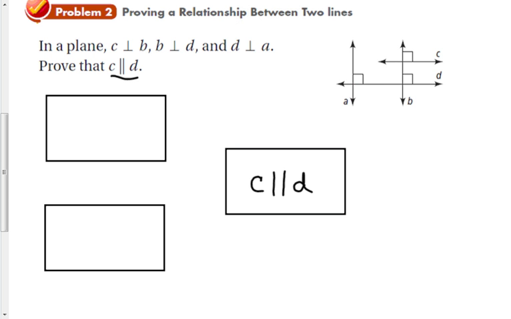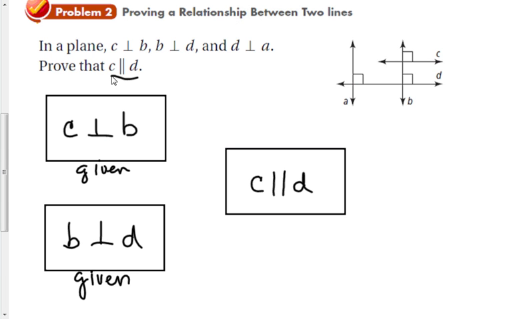That's what our result is going to be. We know that C is perpendicular to B, and we also know that B is perpendicular to D. Those are givens, so we can write given for both of those.